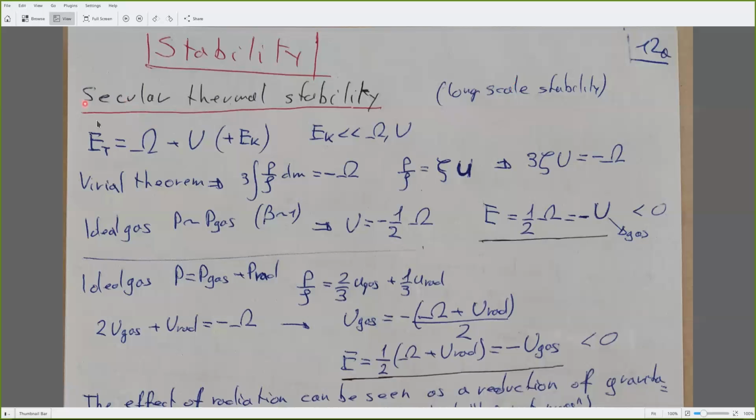It is called the secular thermal stability. Secular means that it happens on a long scale; it is a stability that stays for a long time. In fact, it is classical for main sequence stars.